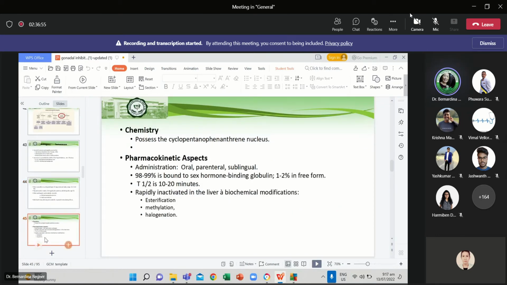They possess the cyclopentanoperhydrophenanthrene nucleus. Pharmacokinetics, you can give this orally, parenteral, and sublingual. 98 to 99% is bound to your sex hormone binding globulin, 1 to 2% in free form. The half-life is 10 to 20 minutes, rapidly inactivated in the liver with biochemical modifications.